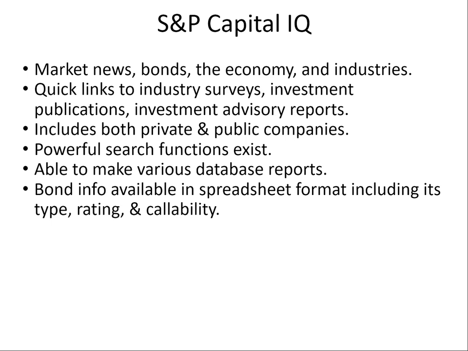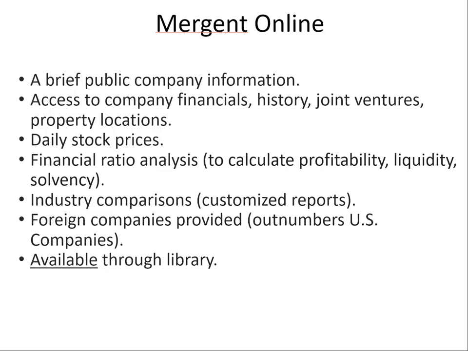So let's see something we have, like Mergent Online. Mergent Online provides public company information. From Mergent Online, we can get companies' financials, their histories, check all their joint ventures, and many other information. We can also check their stock prices.